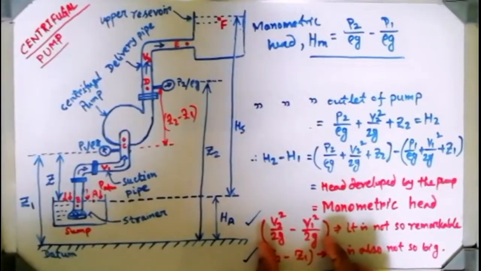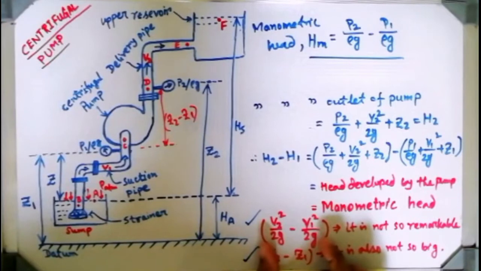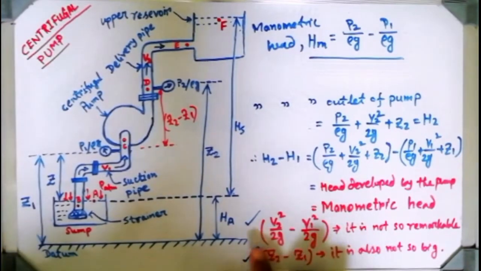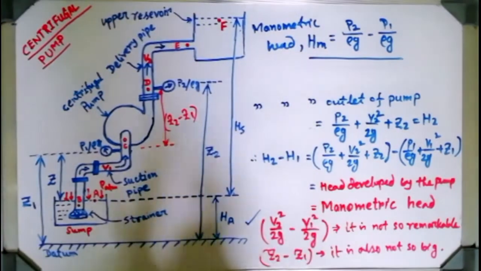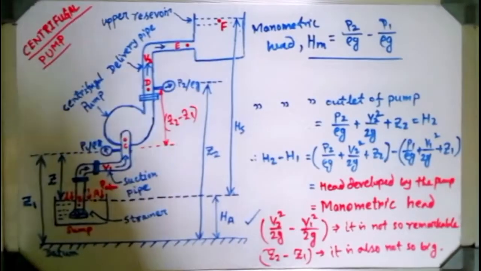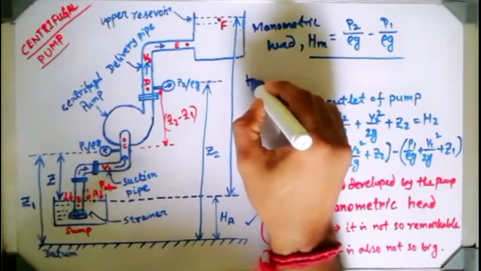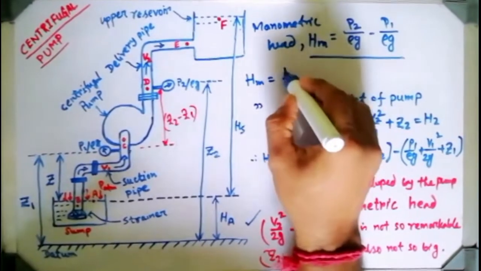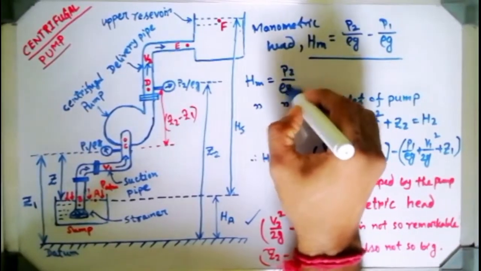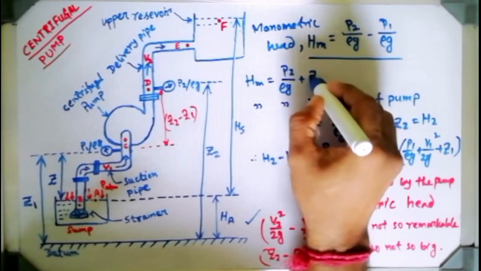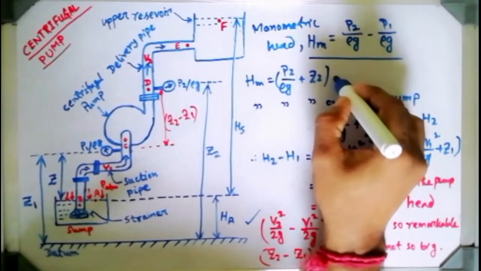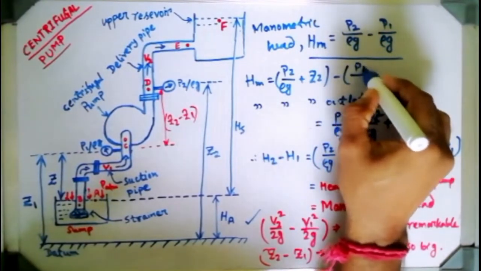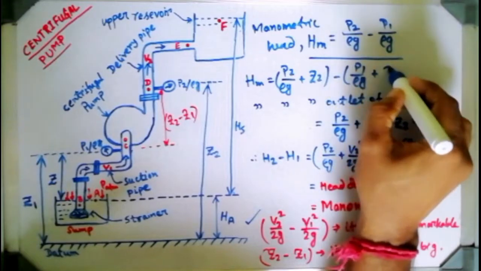Now if we only ignore this part, that means the difference in velocity head, but if we consider this elevation head difference, then obviously the manometric head can also be written as P2 by rho g plus Z2 minus P1 by rho g plus Z1.